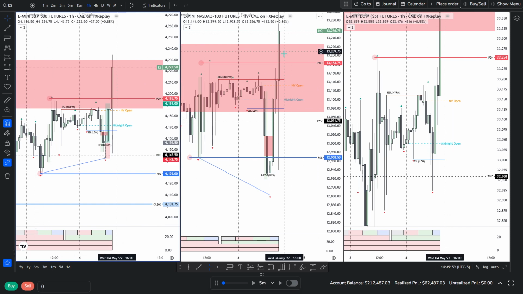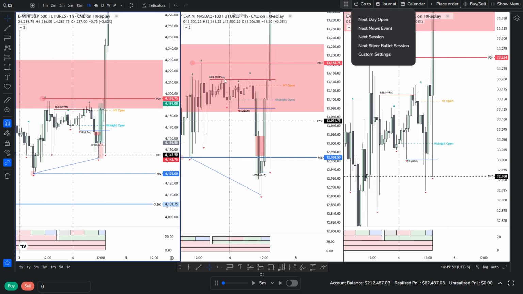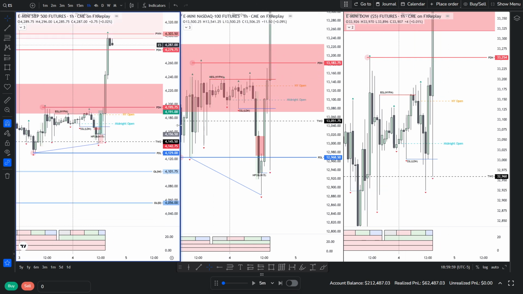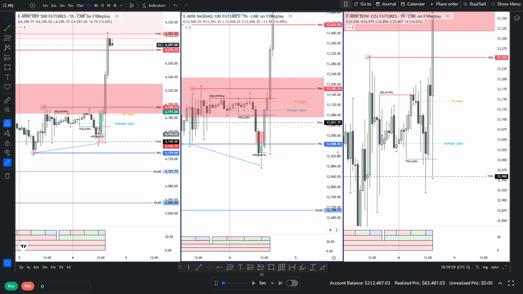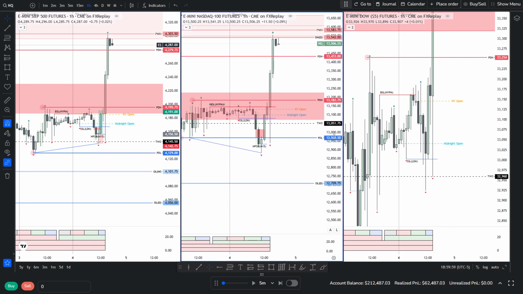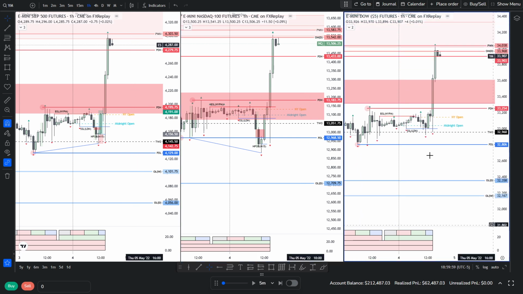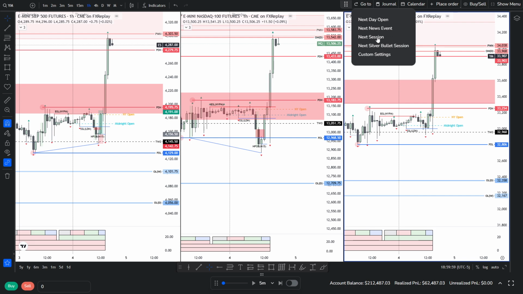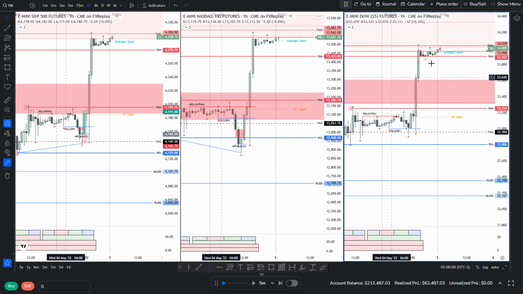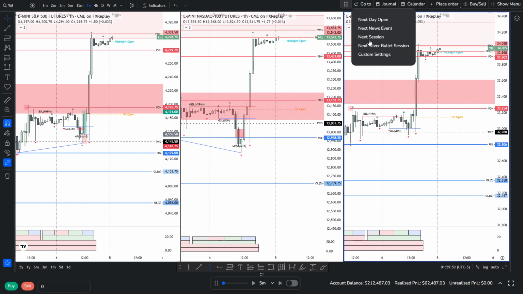Okay, so I'm going to leave that one there. I'm going to go to next session, where we've obviously seen the continuation of higher prices. Like so, and go to next session.